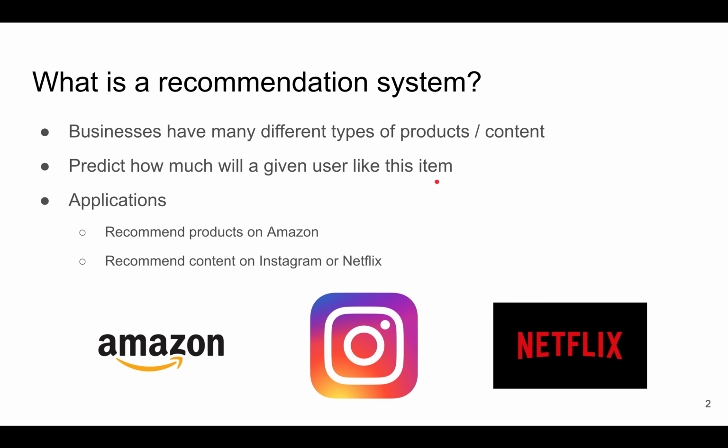These recommendation systems are used when you recommend products to, for example, users on Amazon, or recommend content to users on, say, Instagram or Netflix. That's why they're called recommendation systems, even though they basically are used for predicting ratings. But the ratings are used to make recommendations.